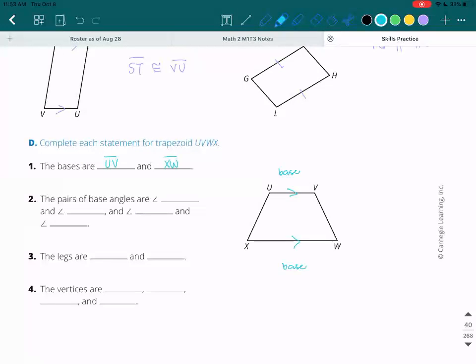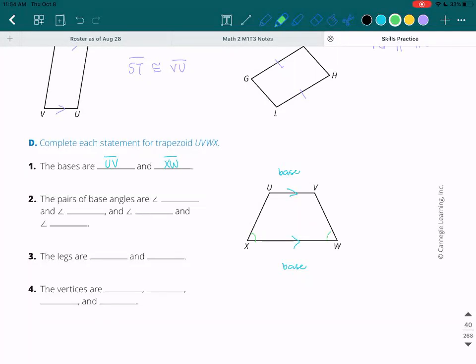Okay. The pairs of base angles are, let me do them in different colors. You have this base angle pair. Let's name those. Can you guys name those? Is it UX and VW?